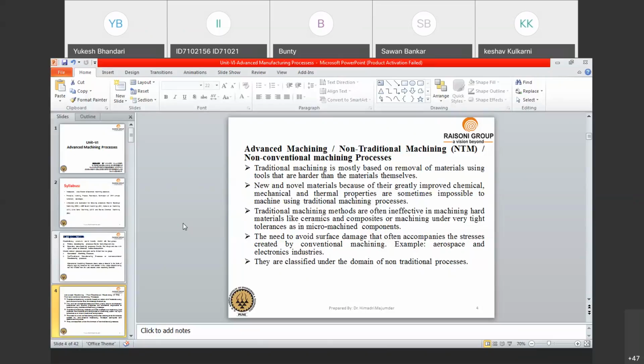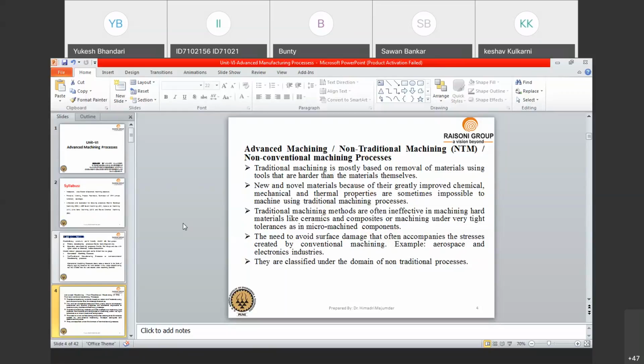Sometimes it is very much impossible to machine those materials using conventional or traditional machining processes, because traditional machining methods are sometimes ineffective in machining hard materials like ceramics and composites, or when we need to follow a very close tolerance, or for micro machining and making micro components.